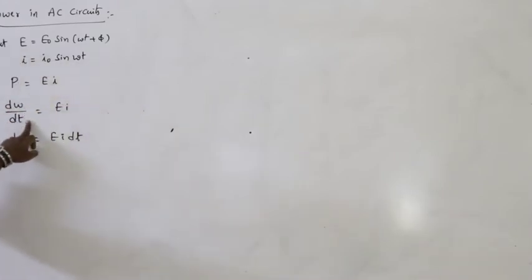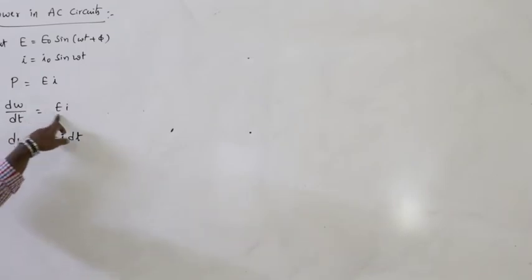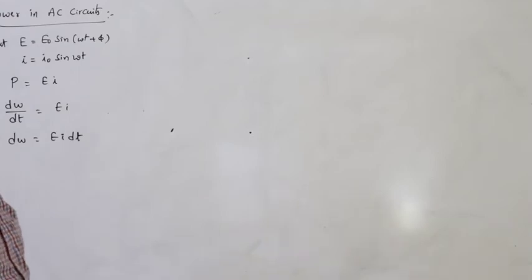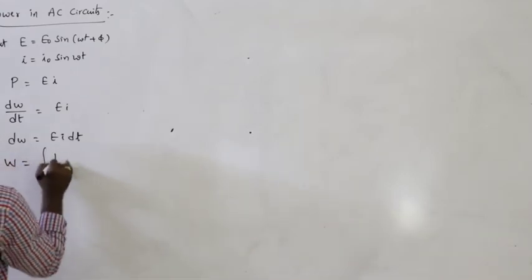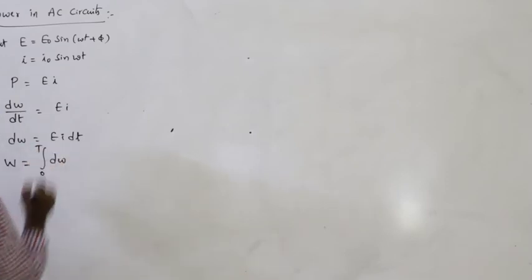Power can be written as rate of change of work done. dW by dt is equal to EI, but dW is equal to EI dt. So from this, work done can be written as the integral of dW from 0 to T, during the total cycle.